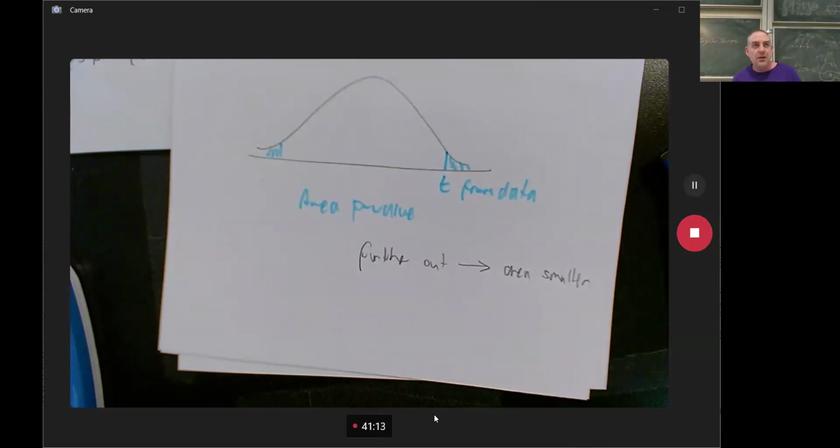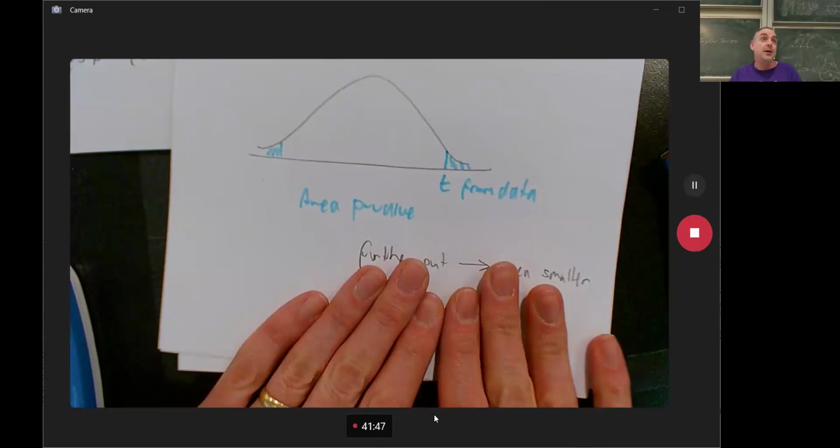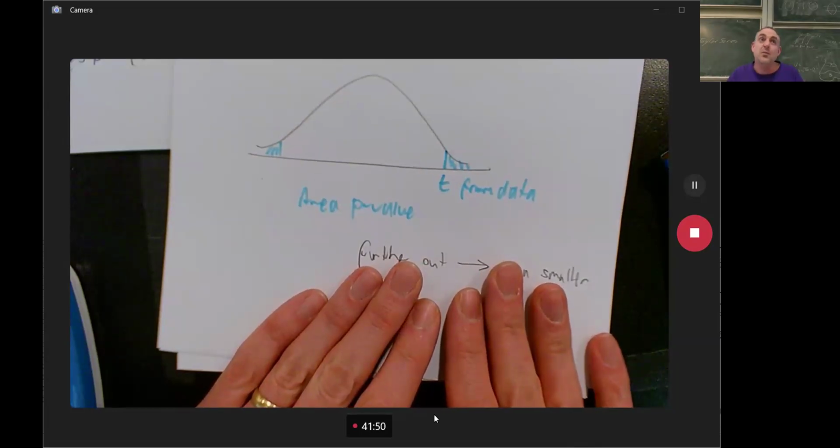The reason we have p-values is because it's a standardized thing. No matter whether you're doing a t-test or a z-test or a chi-squared test or an f-test, you haven't seen f-tests, but no matter which one you're doing, you can convert them all to p-values. And then it's a standardized thing. You can just look at the p-value. Whereas if you only ever do t-tests, then you can use t. But if you have to use different letters for different things, then the p-value always works. The reason it's interesting to know p-values is that if you ask a computer, you don't need to look up the critical T, you just look at the p-value.